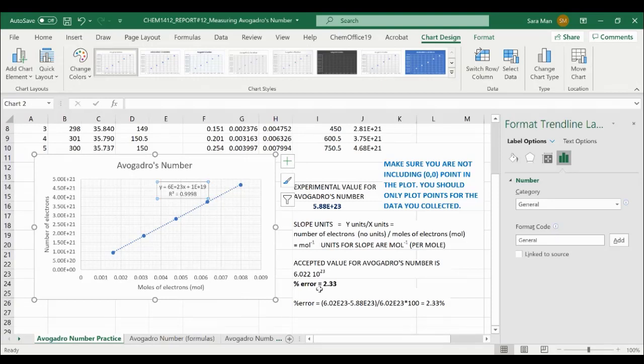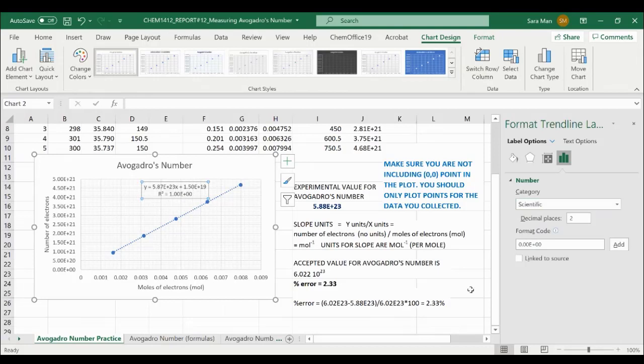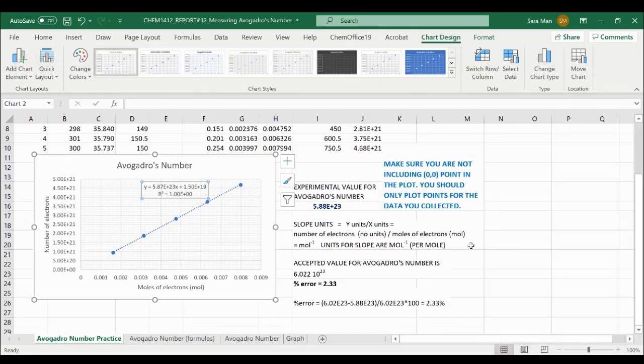And then in the menu, when it says Category, select Scientific. Here, this is important. And then decimal places, you can say 2. And then you close. Very good.